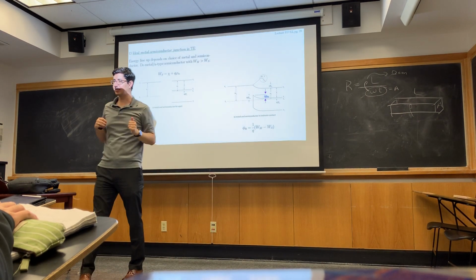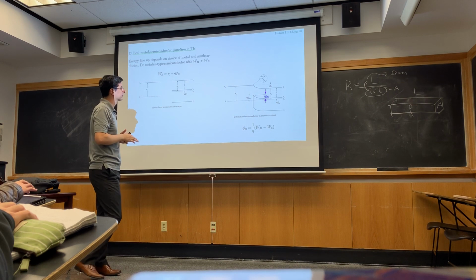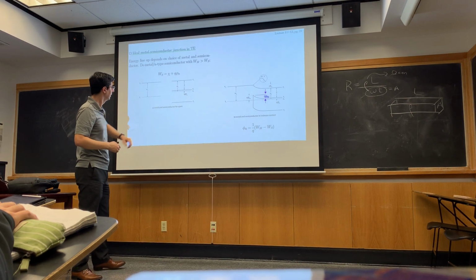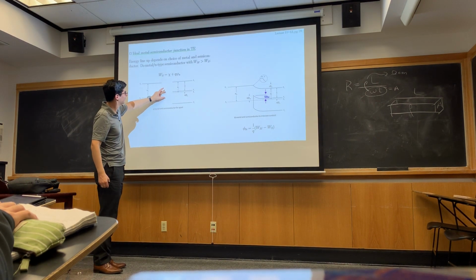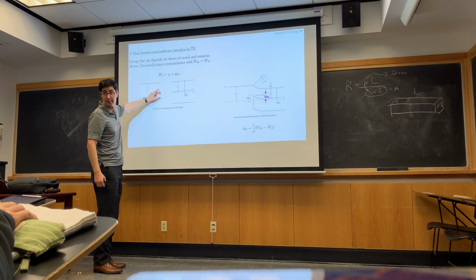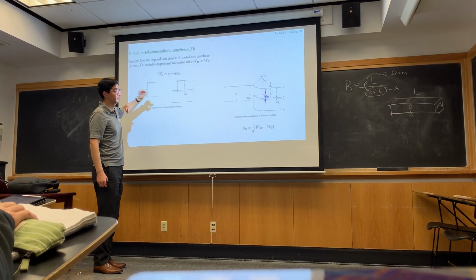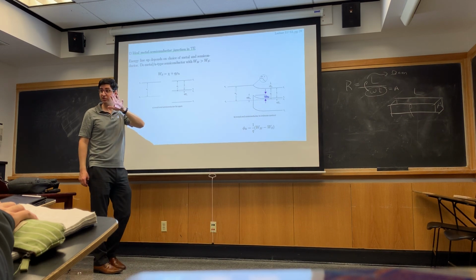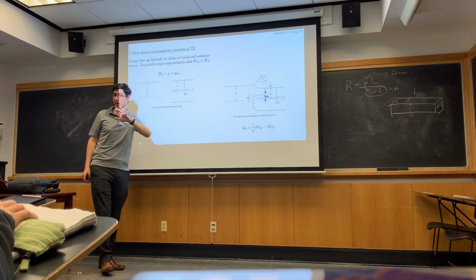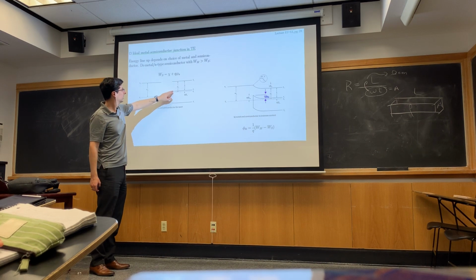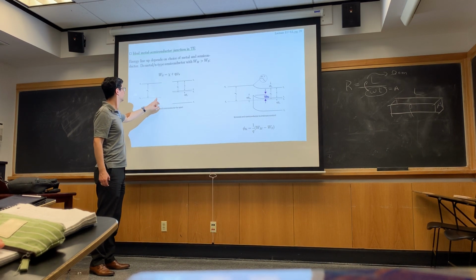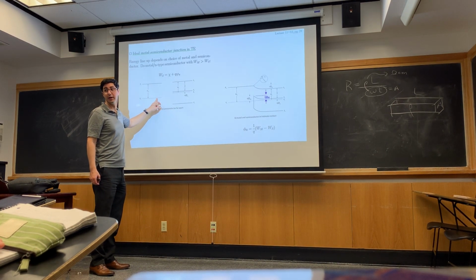So I maintain that band discontinuity, and here I call it phi Bn. Now assuming the junction's perfect, phi Bn is just the difference between EC and EF.